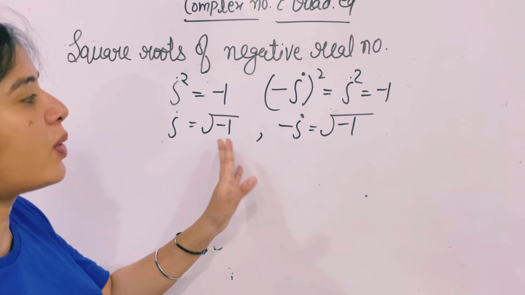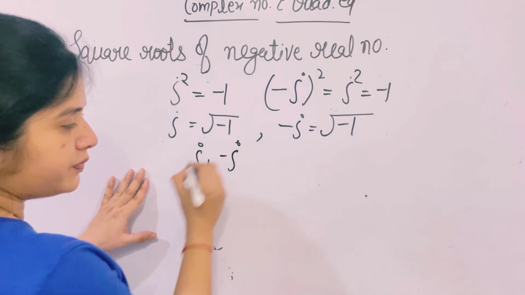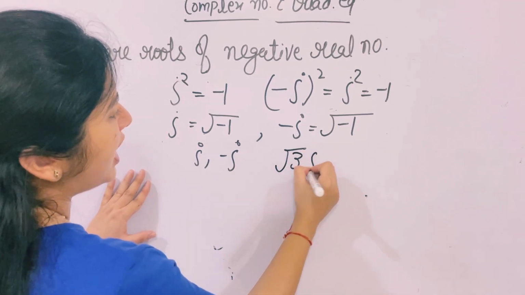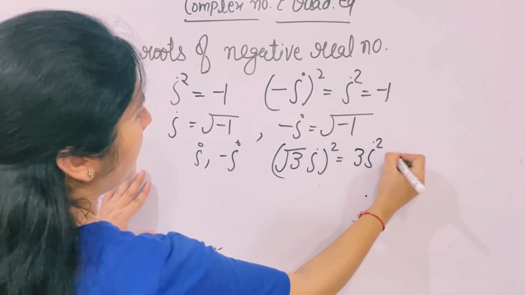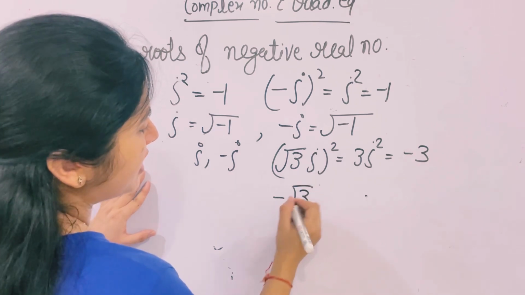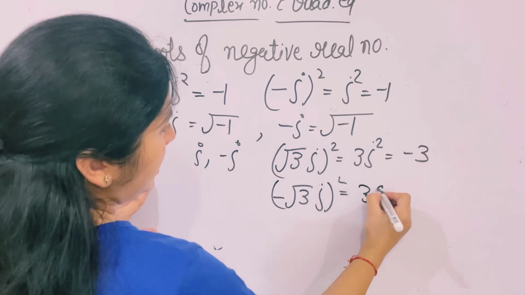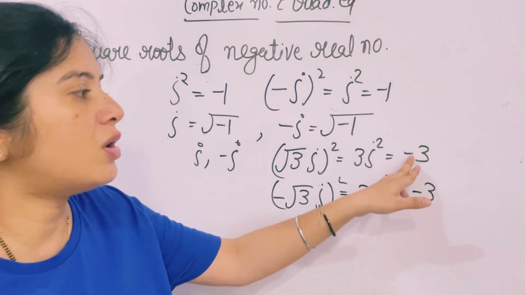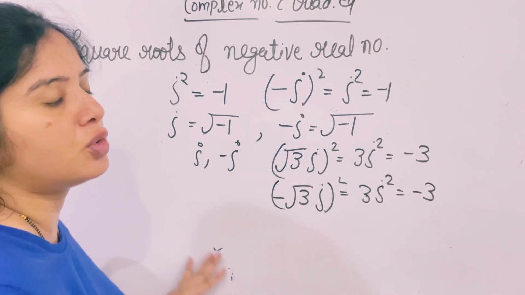So there are two square roots of minus 1, which are iota and minus iota. Similarly, if we take root 3 iota whole square, we get 3 iota square, which means minus 3. And if we take the square of minus root 3 iota, we get 3 iota square, minus 3. It means minus 3 also has two square roots, root 3 iota and minus root 3 iota.